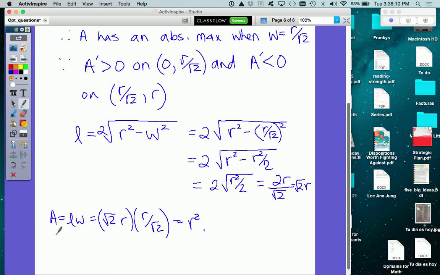So therefore, the maximum area is r squared. I hope that makes sense.